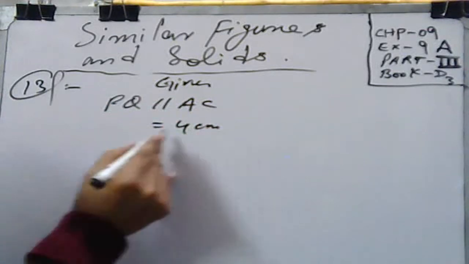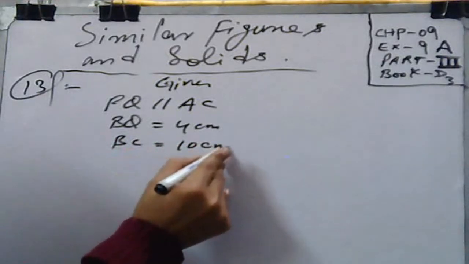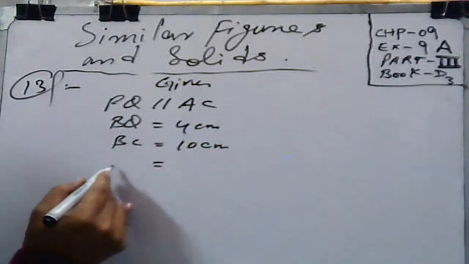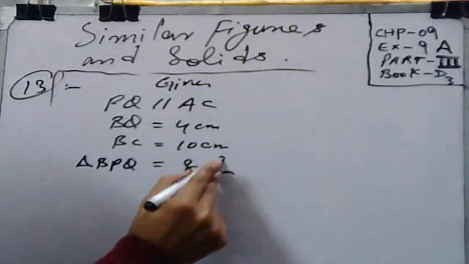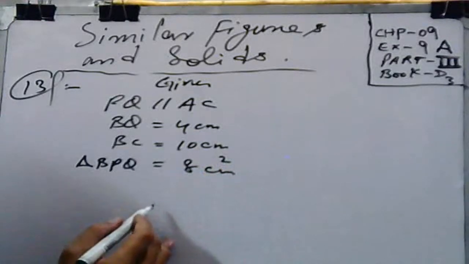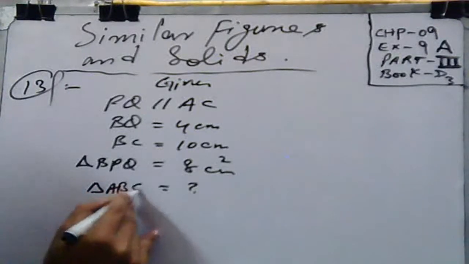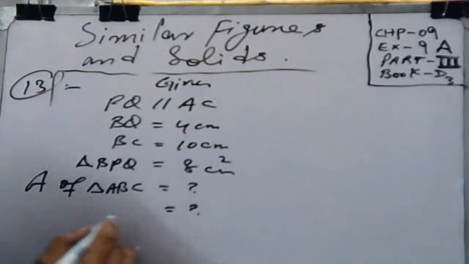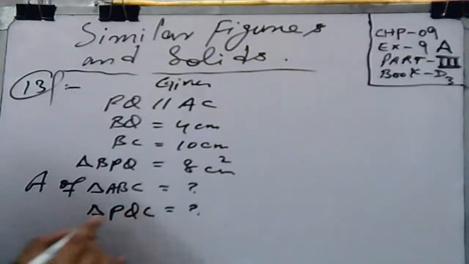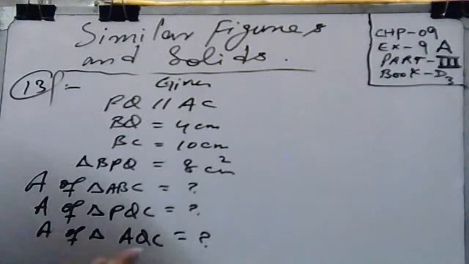Similarly, 4 cm is your BQ and BC is 10 cm, and the triangle BPQ is 8 cm square, and we have to find the area of triangle ABC, second the area of triangle PQC, and third the area of AQC.